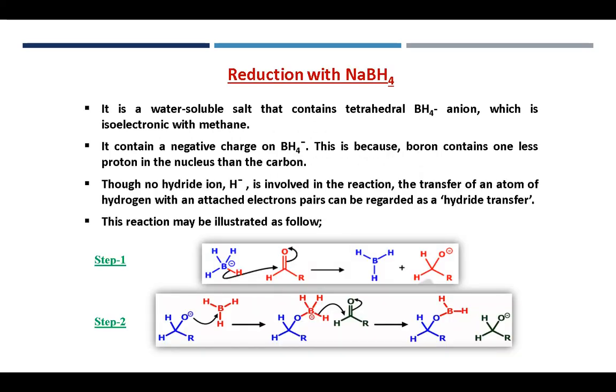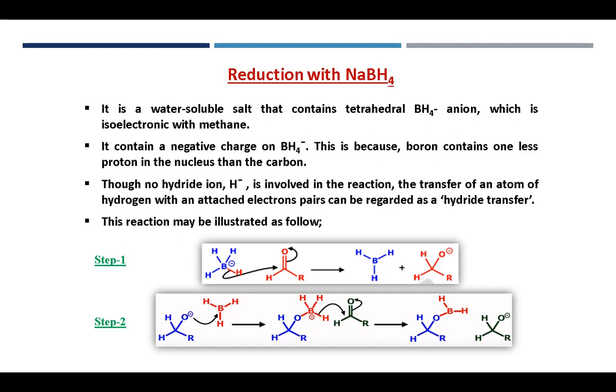Now we study the reduction with NaBH4. It is a water-soluble salt that contains the tetrahedral BH4- anion, which is isoelectronic with methane, and there is a negative charge on BH4- because boron contains one proton less than carbon in the nucleus.